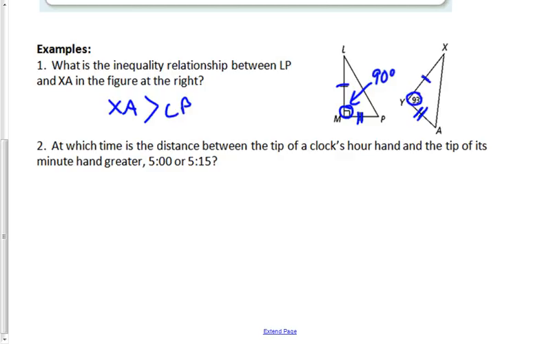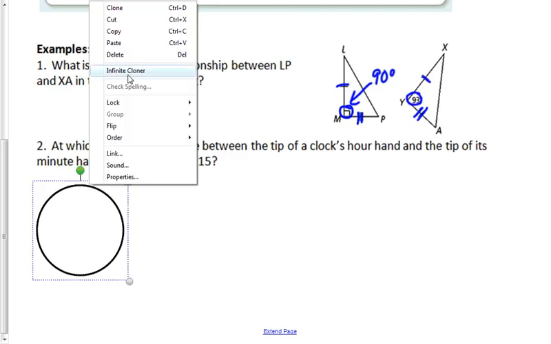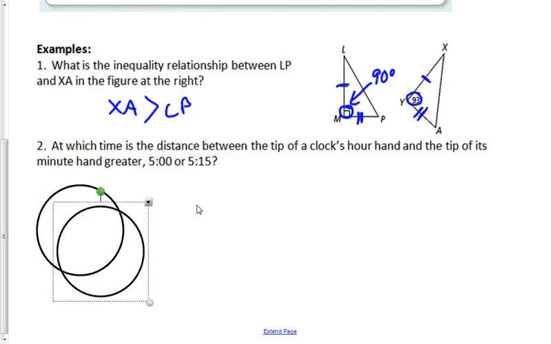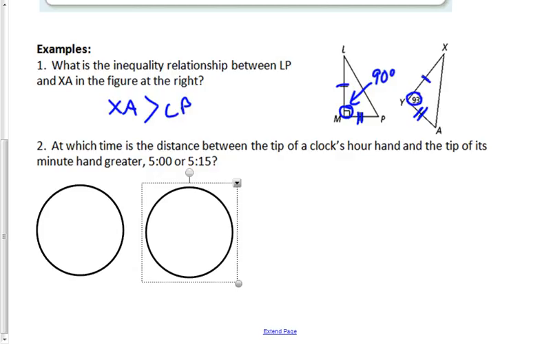All right. So I'm going to quick draw a clock here. Let's actually make this a perfect circle. So I'm going to make my shape here. And there's a clock. I don't have the numbers on there, but I'm going to add them. Something happened to my pen. There we go. All right.